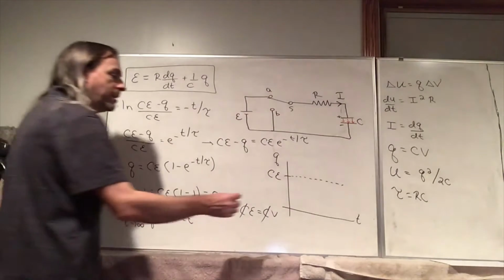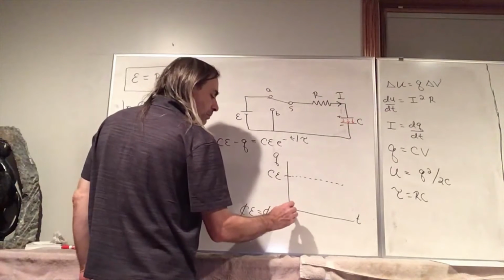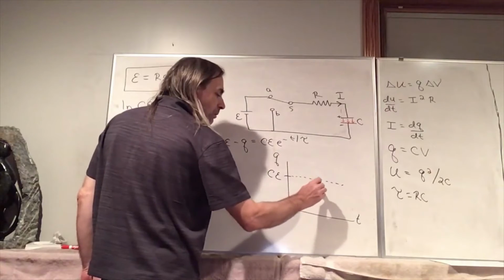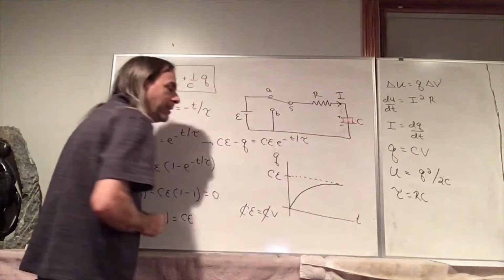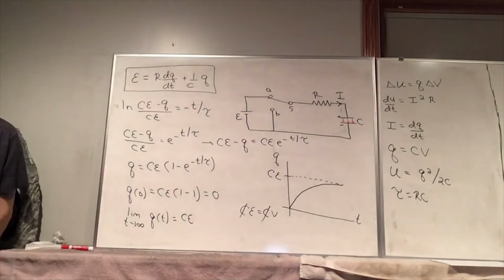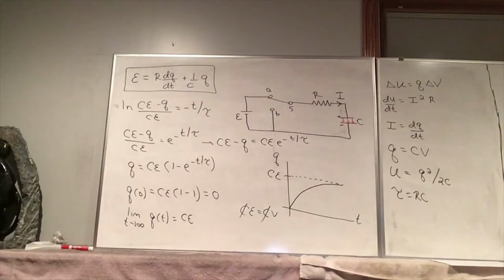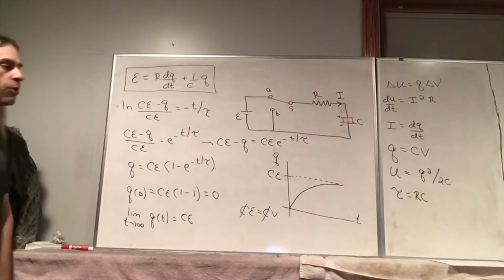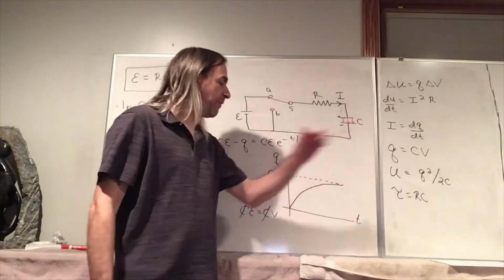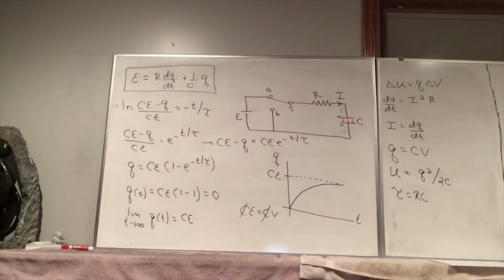So this current is going to build up and approach this limit. Eventually, it's going to reach that limit. Mathematically, it will never reach that because you have to take the limit as t goes to infinity. But for practical purposes, after a fair amount of time, that's going to happen.